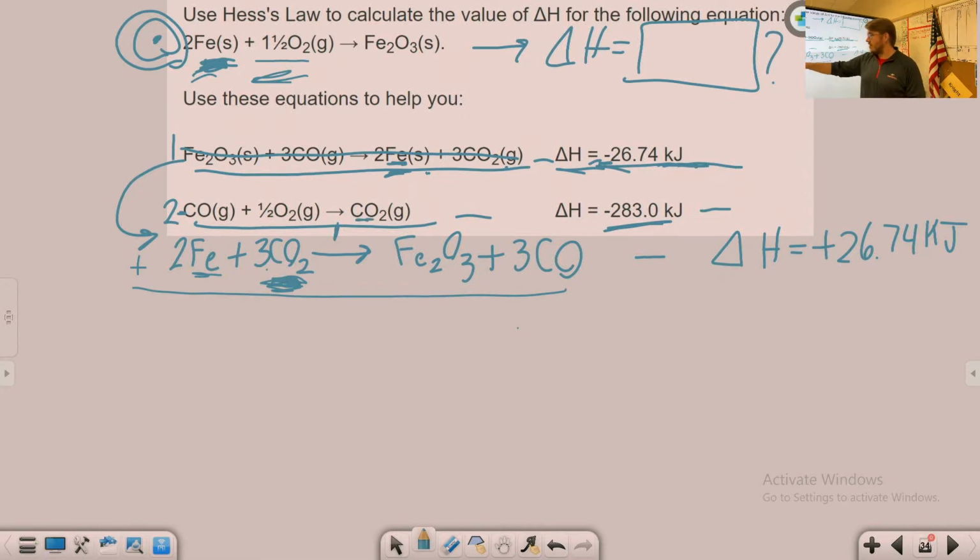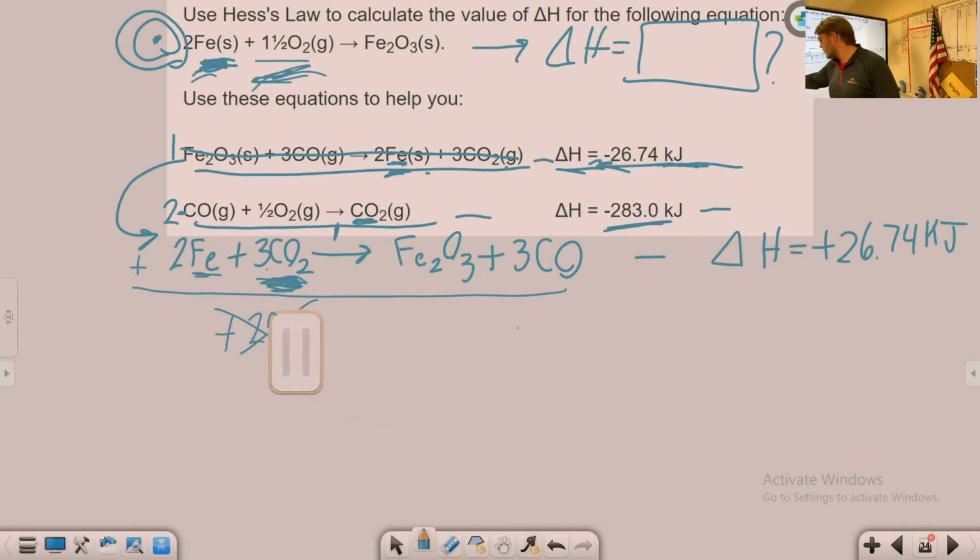We have 3 CO2 and 1 CO2 right here. Well, 3 minus 1 is still going to leave us on the reactant side 2 CO2, which does not exist in the target reaction.